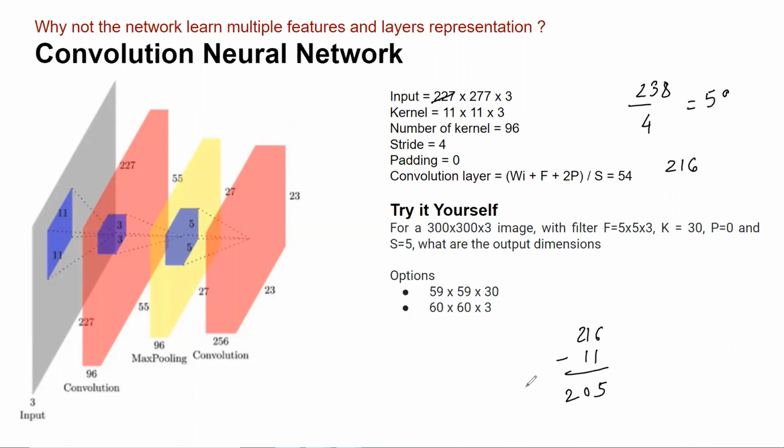Divided by 4. So it's a 205 by 205 matrix then, right? Yes. So this way, my input would have had this dimension, I'll apply this formula and compute the dimension of the output layer. The formula is correct, the value may not be matching here, but this is the formula.